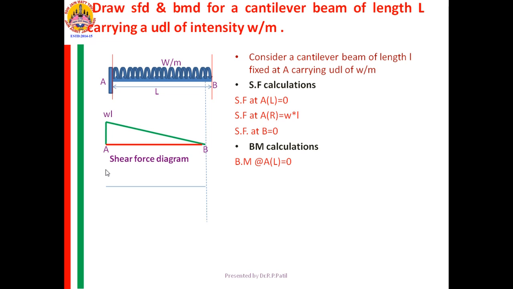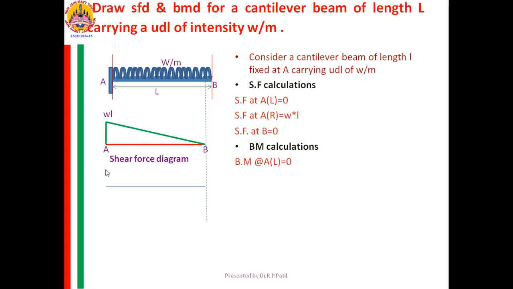I need to measure magnitude of the load and distance from A. Magnitude of load is W into L. From A, where it is acting? UDL means it will act at the center. That is L by 2 from A or L by 2 from B. Therefore, the load is W into L and distance is L by 2.